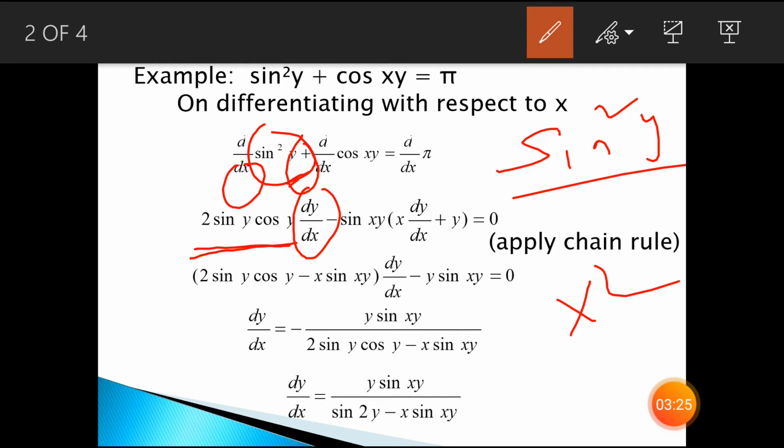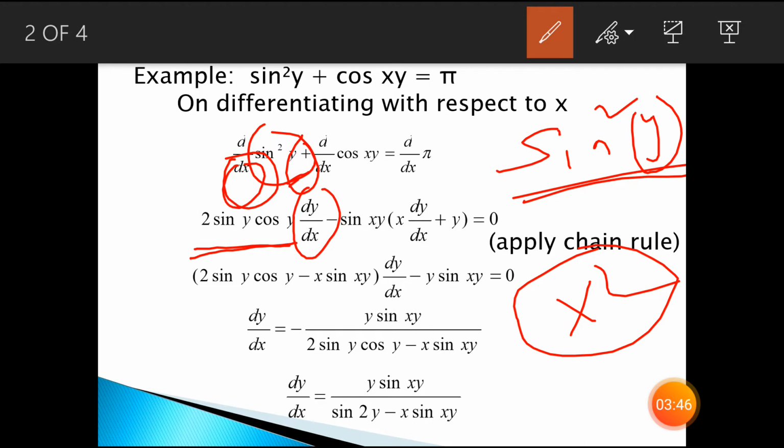So it means 2 sin y. But we were imagining x square in place of sin square y, so we have to redifferentiate that function, that is sin y. So we will get cos y. But the variable is y and we are differentiating with respect to x, so we have to redifferentiate it. So we will get dy upon dx.